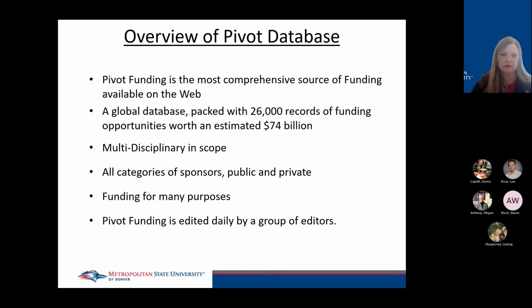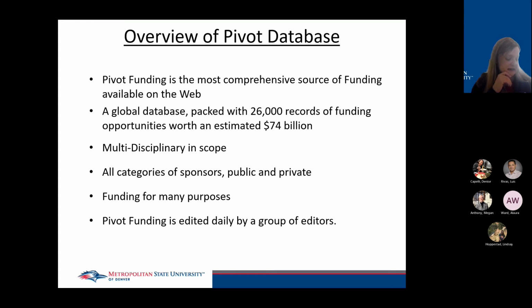Okay, so an overview of Pivot. It's the most comprehensive source of funding opportunities available on the web. It's way more efficient than Googling. It's a global database packed with, actually that figure's outdated, it's actually 28,000 records of funding, and I think now it contains 93 billion worth of funding opportunities.